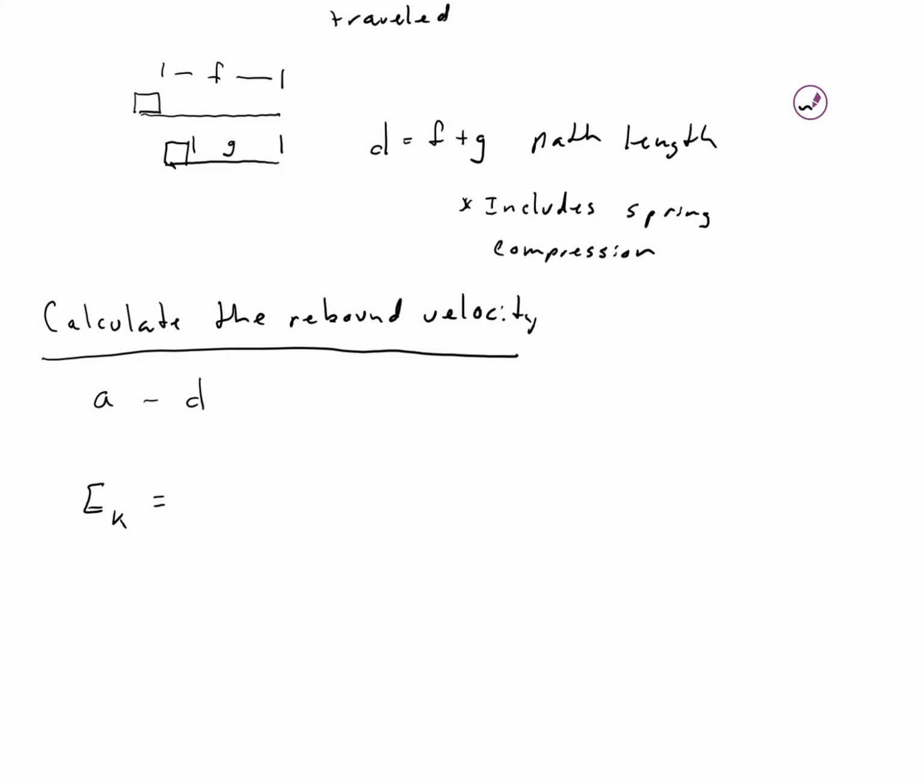D is kinetic energy plus dissipated. And so we have 1/2 mv0 squared equals 1/2 mv squared plus force of friction times D. And again, D is path length.